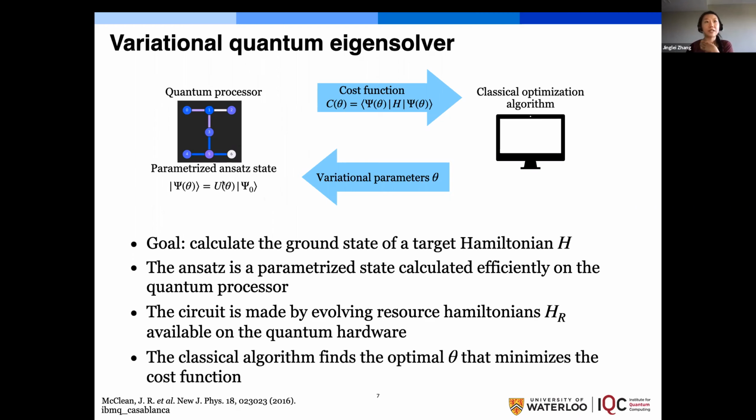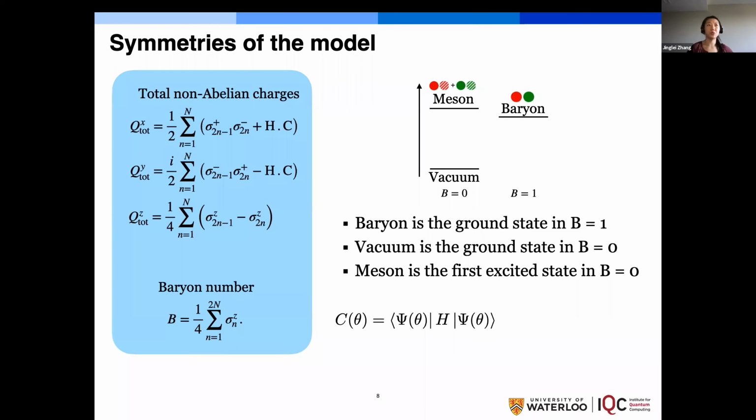So let me now tell you about the symmetries of this spin model that I have shown you before. These are all symmetries that derive from the gauge symmetry of the original model, and we have these three non-Abelian charges, compared to an Abelian case where we just have one total charge that is significant. So all these non-Abelian charges should be zero in the states that I'm looking at.